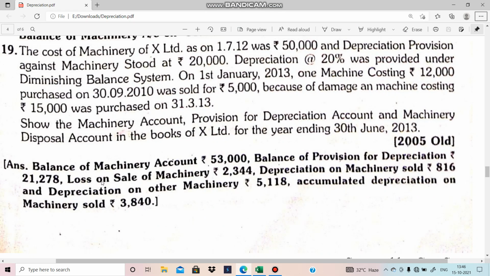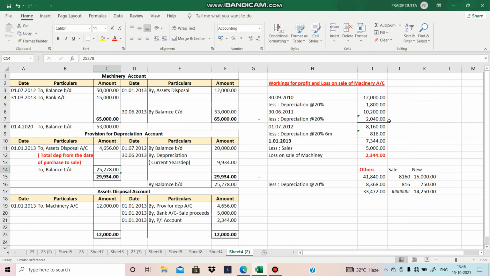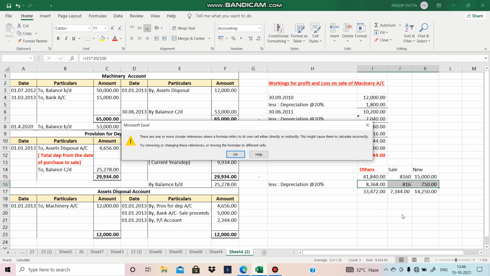Let's check. The loss on sale of machinery matches. Depreciation of the machinery sold is 8,160, and other depreciation on machinery is 5,118. So total accumulated depreciation excluding the last year is 3,840. These two are 8,160. So why does it not match?